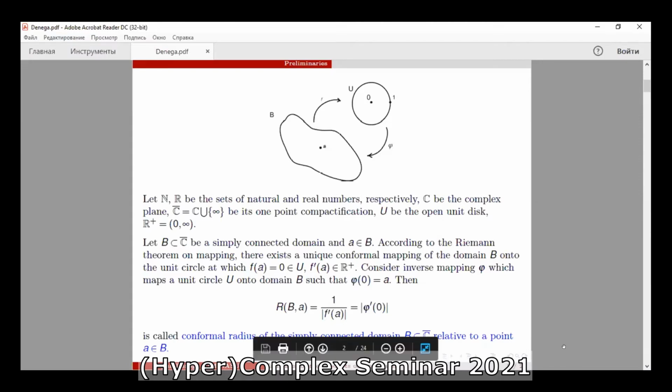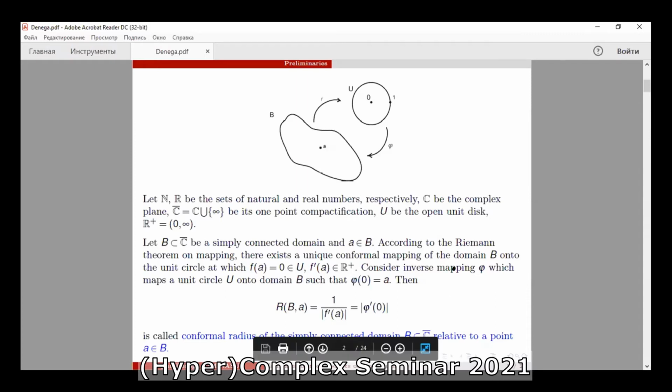According to the Riemann mapping theorem, there exists a unique conformal mapping f of the domain B onto the unit disk, such that f of A equals 0 and f prime of A is in R plus.